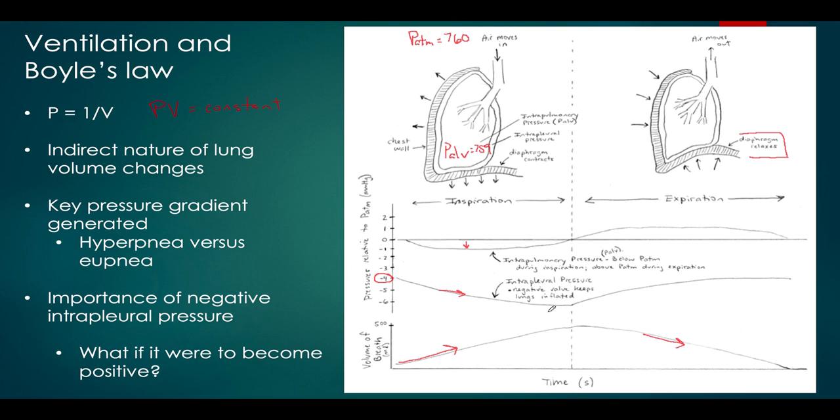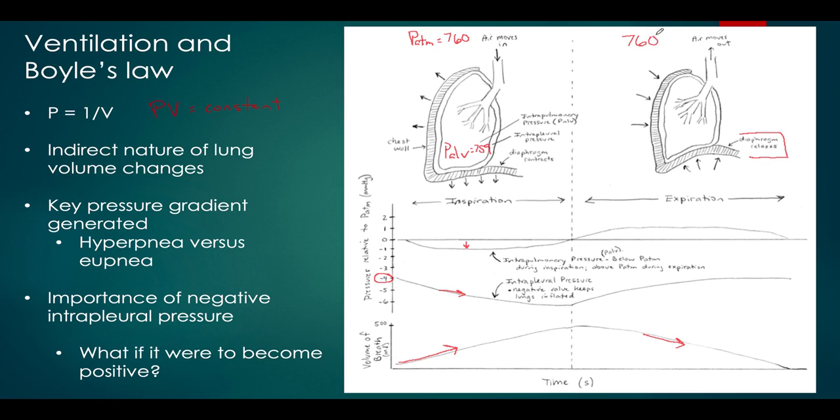So it actually helps us keep the lung tracking thoracic volume, and we don't get a separation of the two, even though it's pulling harder away from the lung surface. This is a countermeasure in that the intrapleural pressure falls correspondingly and logically to help keep the lung attached to the thoracic wall.